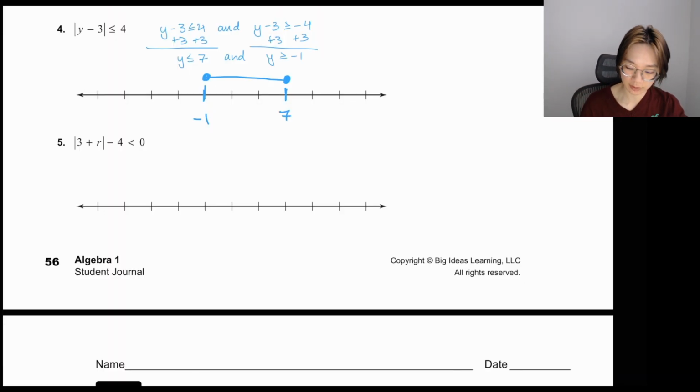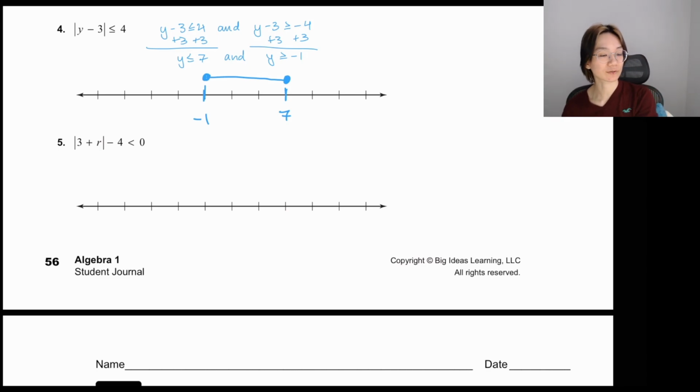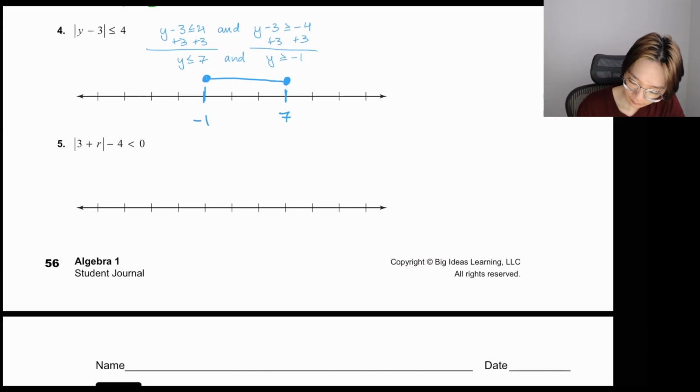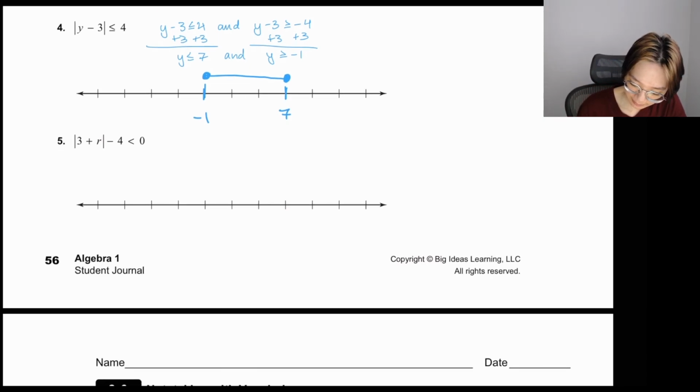Because we look at this one, okay, it's less than 0, so you're thinking, no solution. Not necessarily. The absolute value isn't alone yet. This is saying the distance that 3 plus r has from 0, that whole distance minus 4 is less than 0. So we don't know where that is. So let's isolate the absolute value first and then look at it.